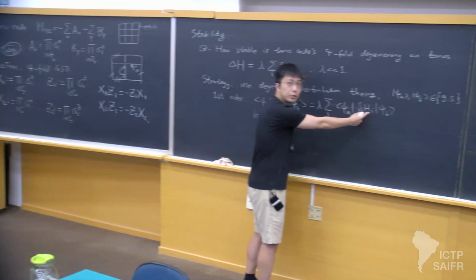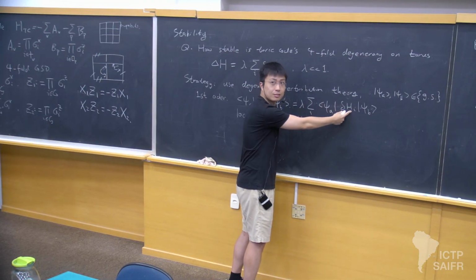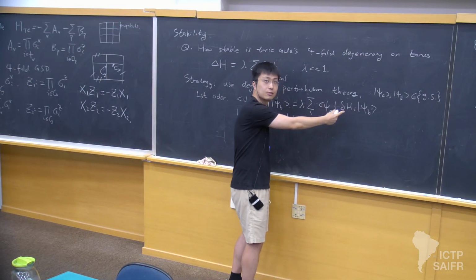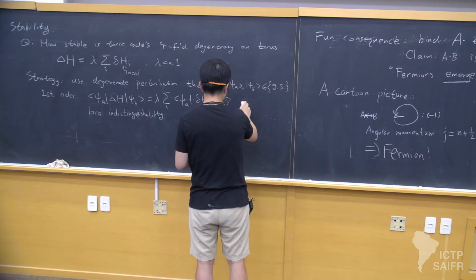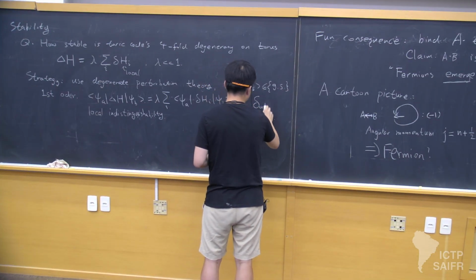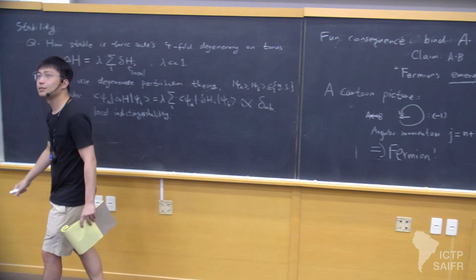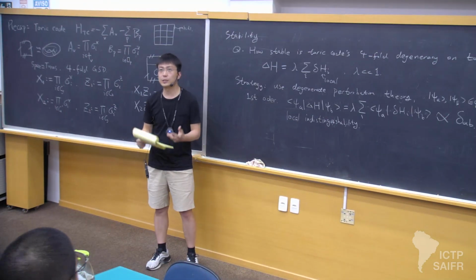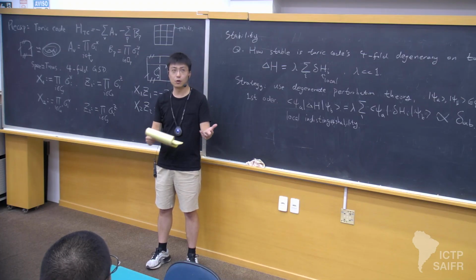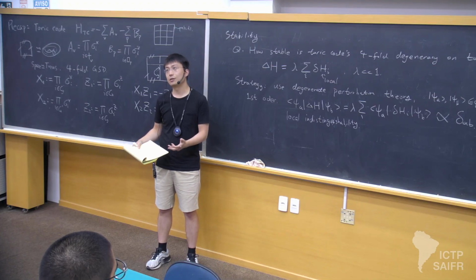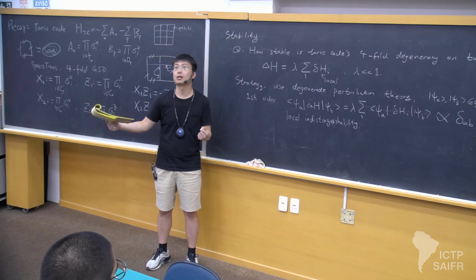Now, this is a local operator by assumption. So it satisfies that rule, which means this should be proportional to delta AB. It means the expectation value is the same for all the ground states in the ground state manifold. Furthermore, the off-diagonal terms are all 0.